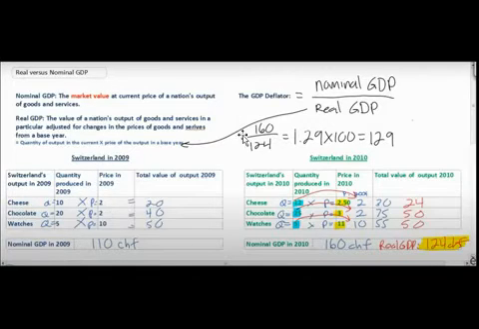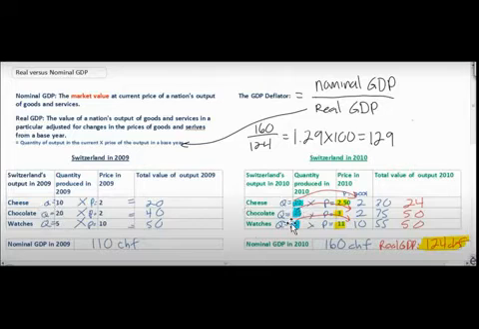Okay, tingnan naman natin kung ano yung dito, wala pa tong real GDP. Tingnan natin dito pagdating sa 2010, meron na tayong mako-compute na real GDP. So let's see the difference. So same products, meron tayong cheese, meron tayong chocolate, meron tayong watches. If you can see, nagkaroon ng increase sa output or sa quantity output.